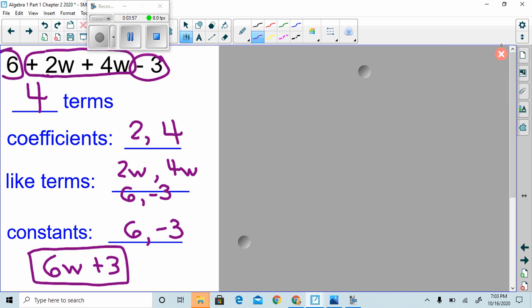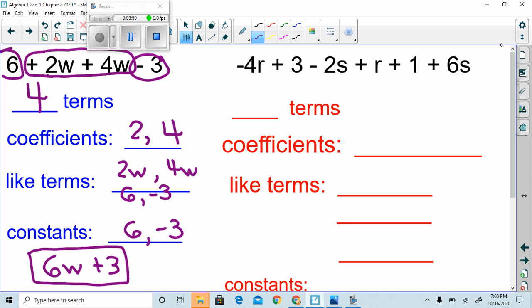On to a second problem. I have negative 4r plus 3 minus 2s plus r minus 1 plus 6w. There are a lot of terms here. There are 1, 2, 3, 4, 5, 6 terms. We'll start by naming the coefficients, numbers in front of the variables. Negative 4, negative 2.